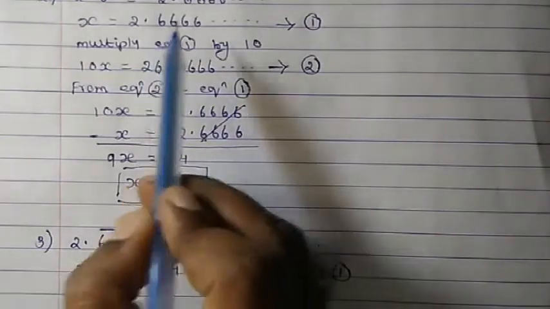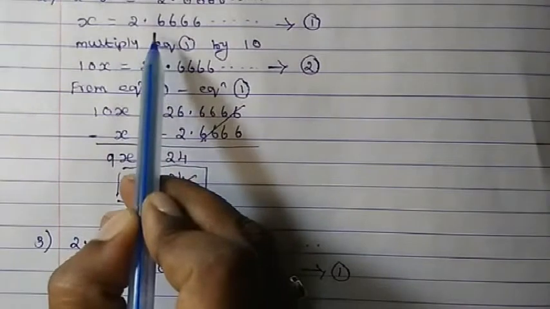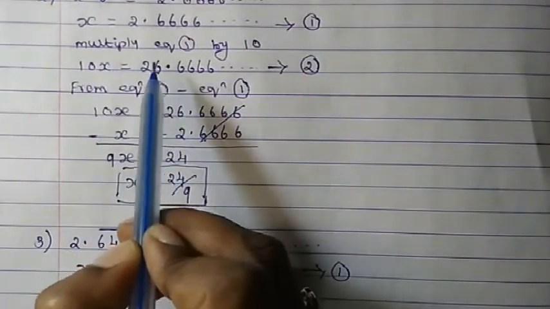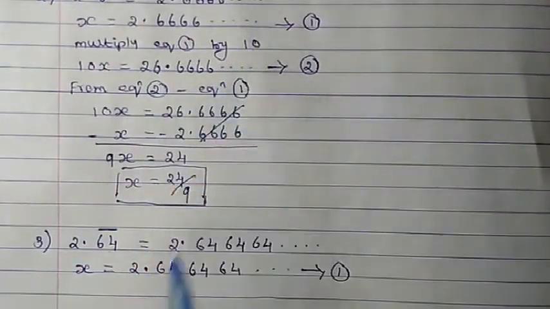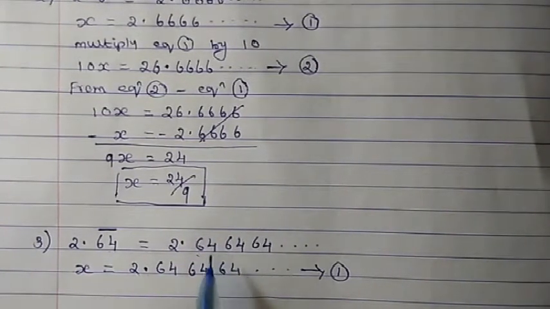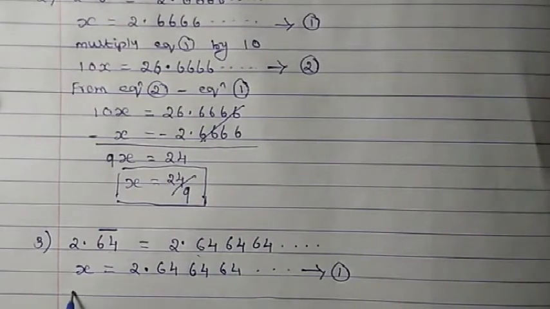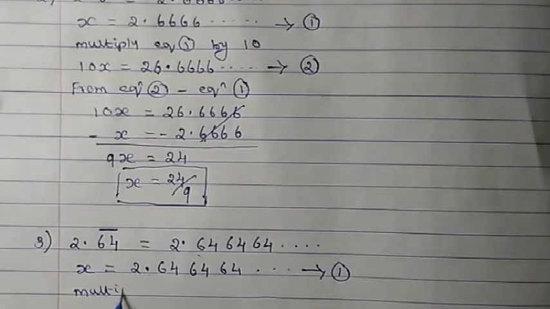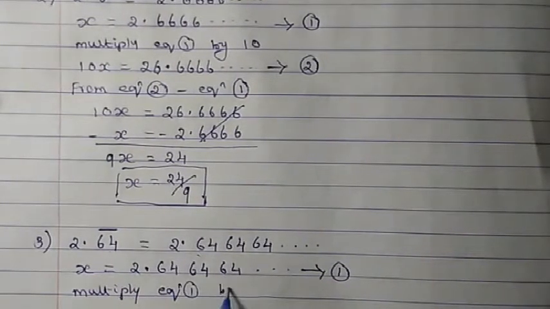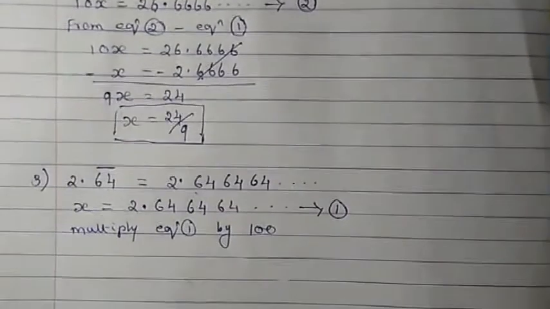In the previous example only 1 digit had to come inside, so we multiplied by 10. Here 2 digits have to come inside, the decimal will come here, therefore we multiply by 100. So multiply equation 1 by 100. What will we get?